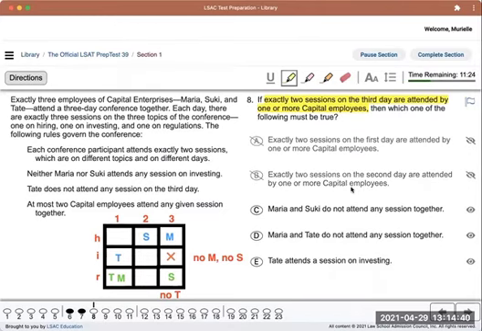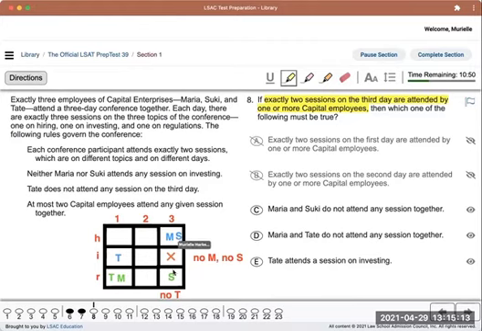M and S don't attend any session together. So could they attend a session together? Well, what would that look like? So if we had both S and M here, why would that be a problem? The reason that would be a problem is because of the first rule. Each conference participant attends exactly 2 sessions, which are on different topics and on different days.